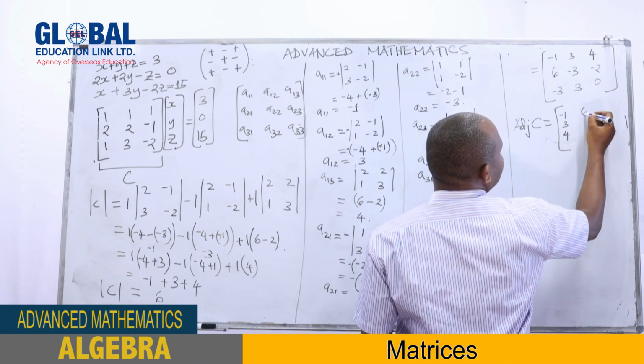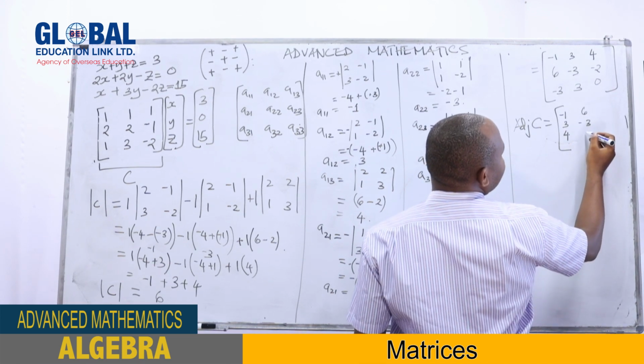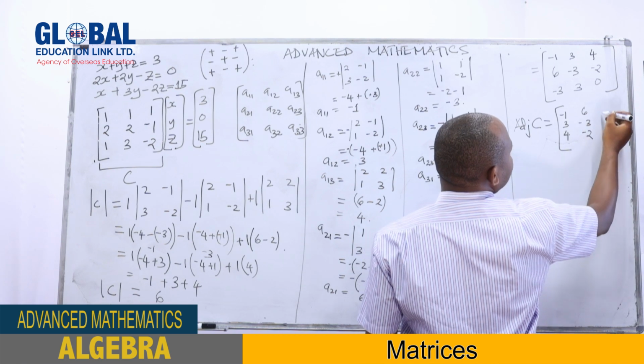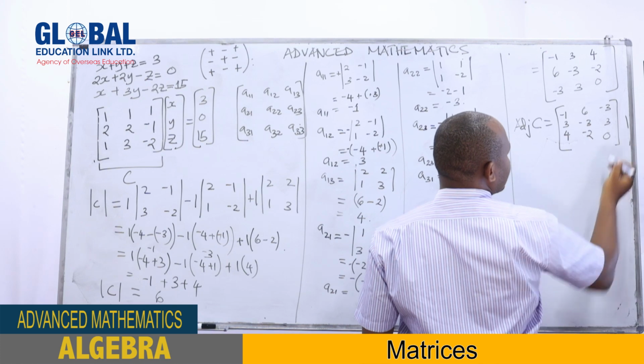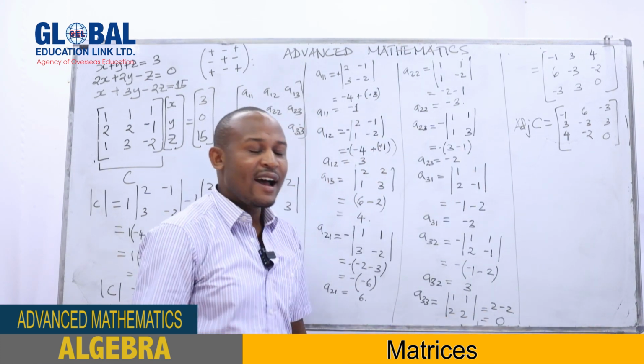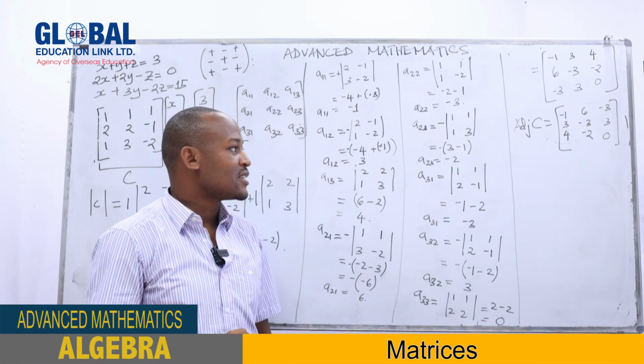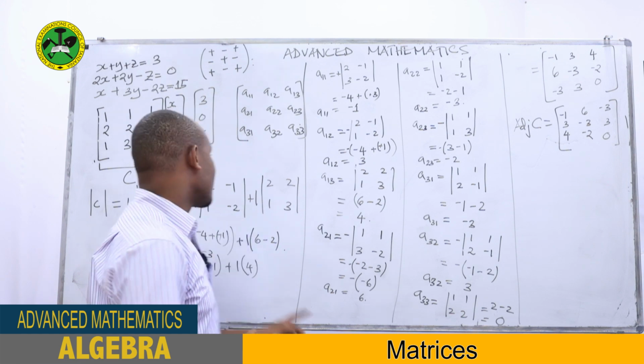And then we are left with negative 1, 6, negative 3, negative 2, negative 3, 3, 0.